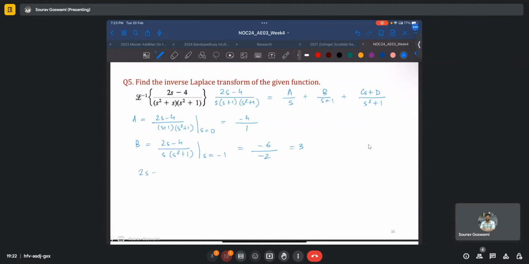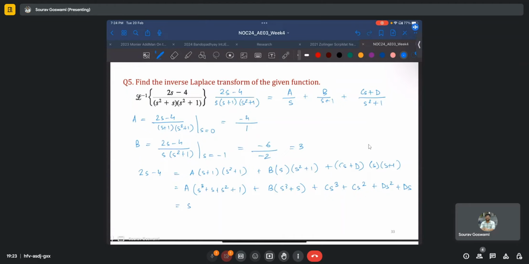So if we were to multiply everything out and preserve just the numerators, what we'll end up with is A times (s plus 1)(s square plus 1) plus B times (s square plus 1) plus (cs plus d) times s(s plus 1) is equal to A(s cube plus s square plus s plus 1) plus B times (s cube plus s) plus C s cube plus C s square plus D s square plus D s.